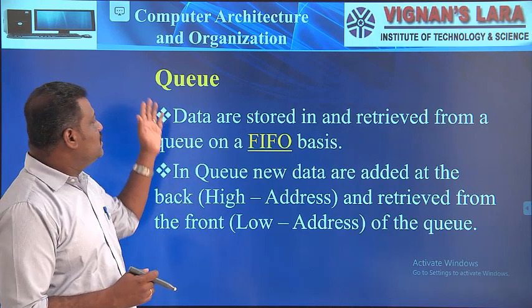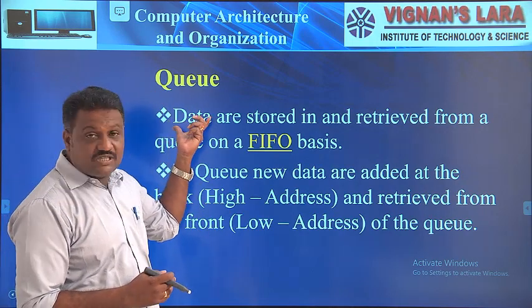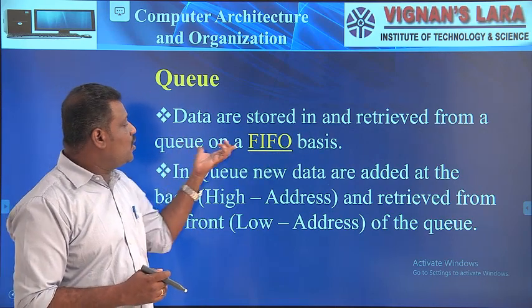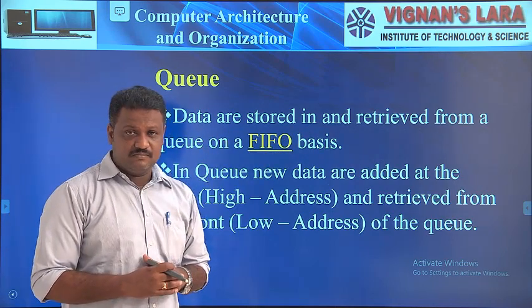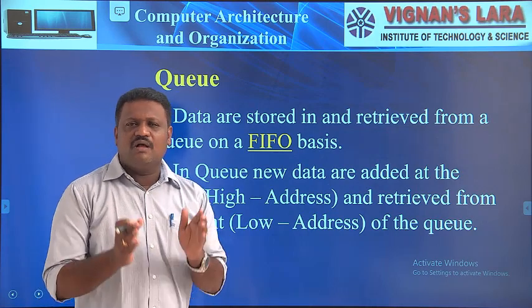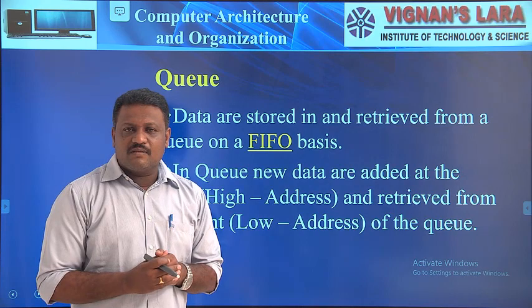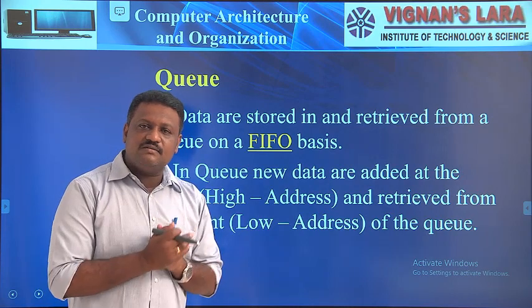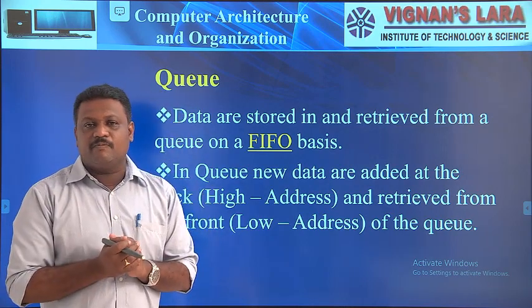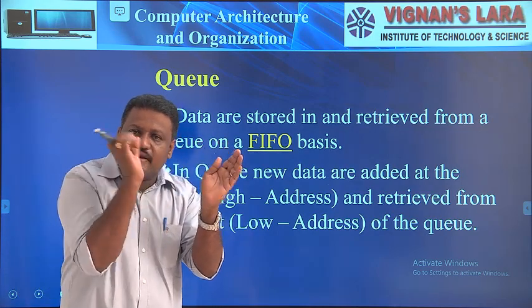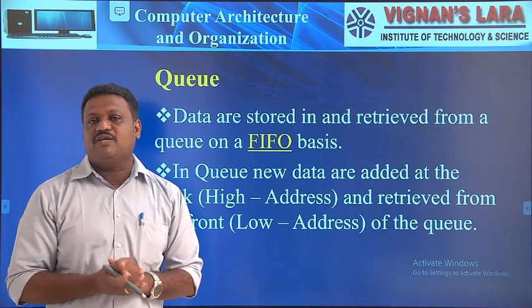Coming to queue: data are stored in and retrieved from a queue on a FIFO basis. The first thing is, a queue is another type of data structure. In this, data is entered as well as retrieved. We know that in a queue, data is entered in one direction and retrieved from another direction.